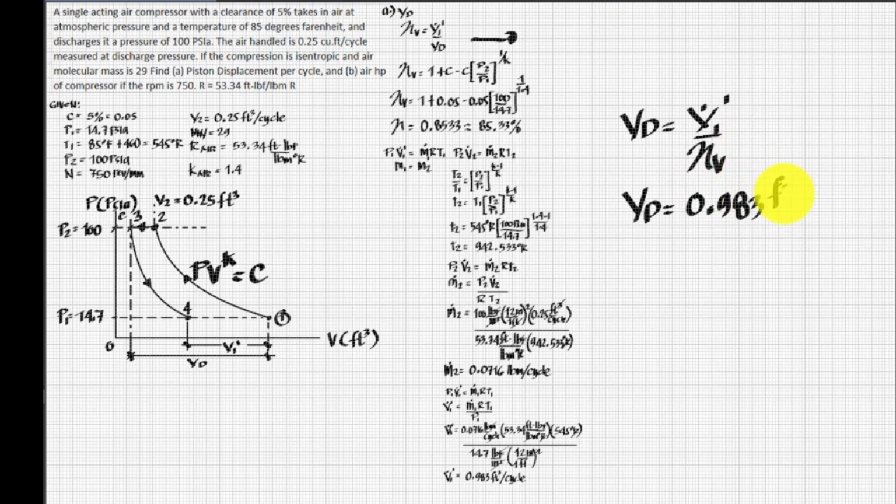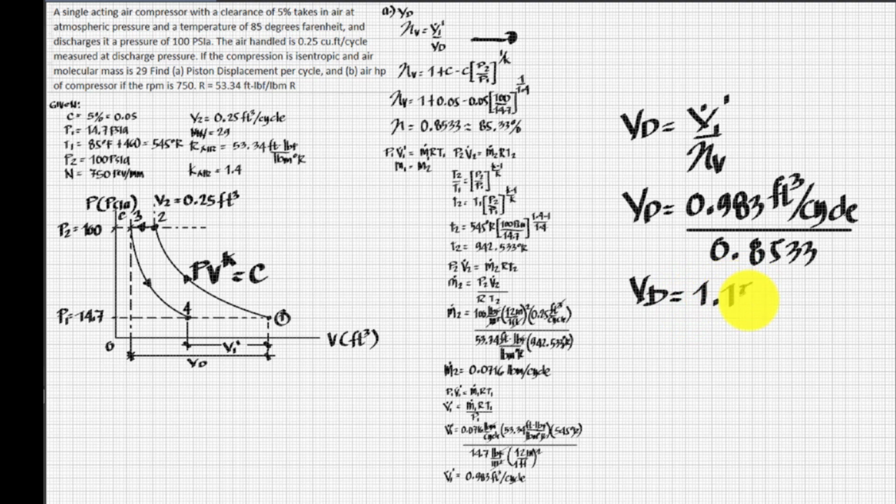So that will be cubic feet per cycle. And this is over natin ng value ng volumetric efficiency mo, which is 0.8533. So pressing your calculator, for the value of volume displaced, so we have 1.152. So that will be cubic feet per cycle.